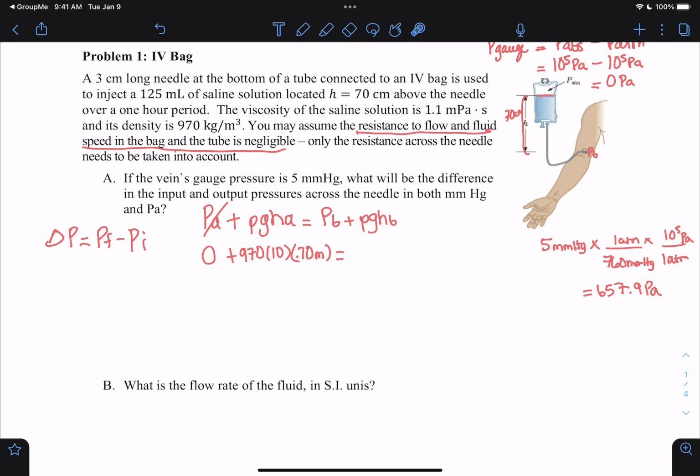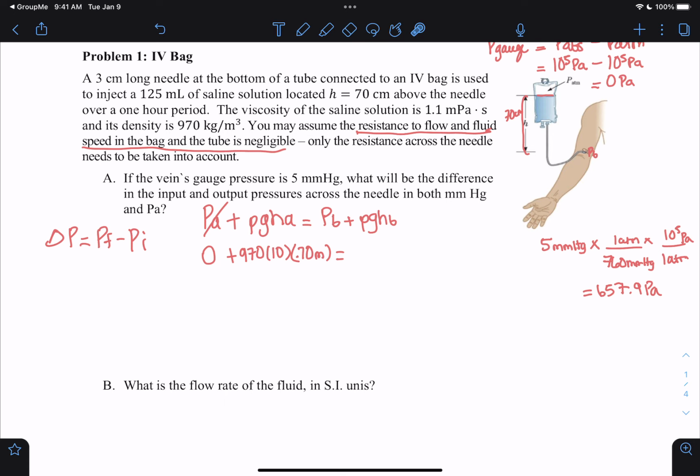We're trying to figure out what the initial pressure is, and that initial pressure is going to be that PB. And so from that PB, where I have now PI, we can take PF minus PI, and then figure out the change in pressure that we want.